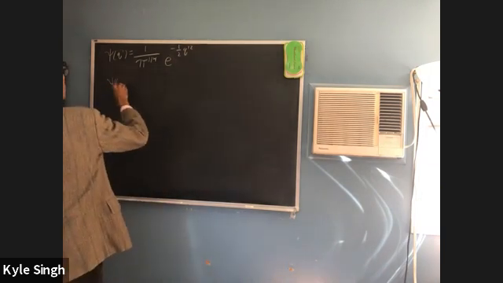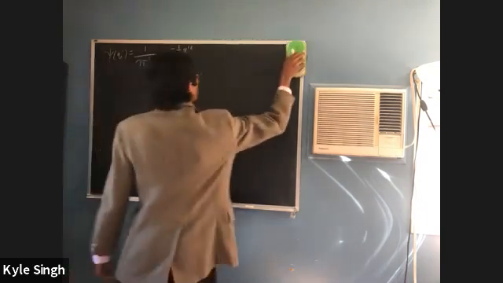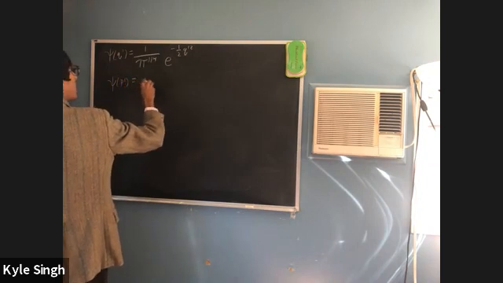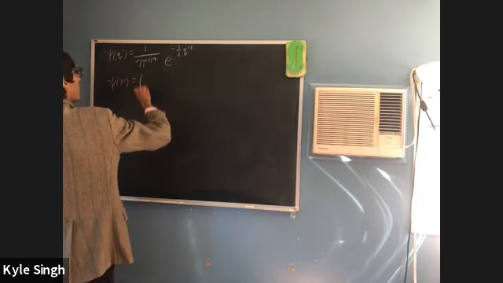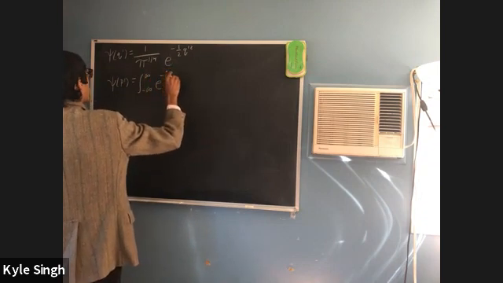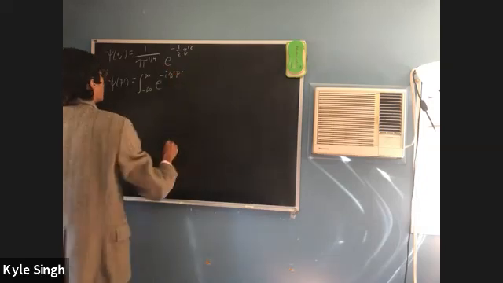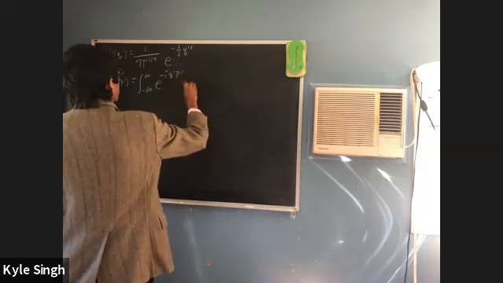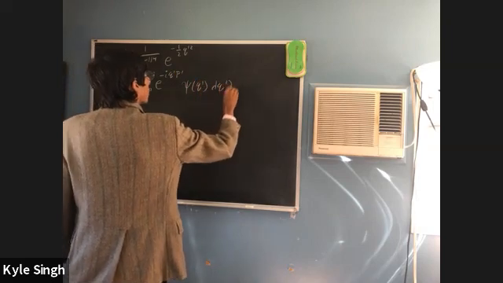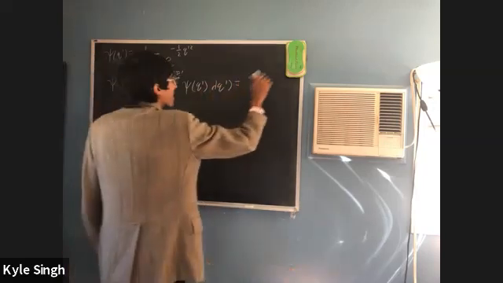So psi of p prime equals the integral from minus infinity to infinity of e to the minus i q prime p prime psi of q prime dq prime equals, oh, I forgot my normalization.